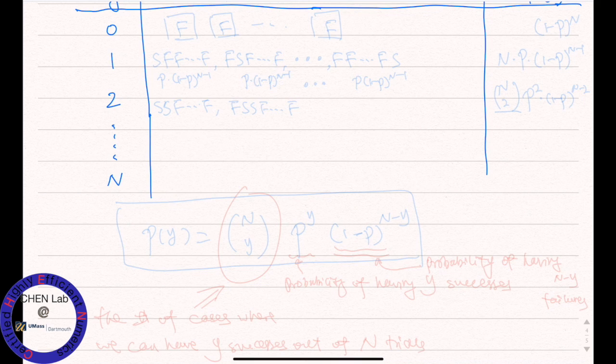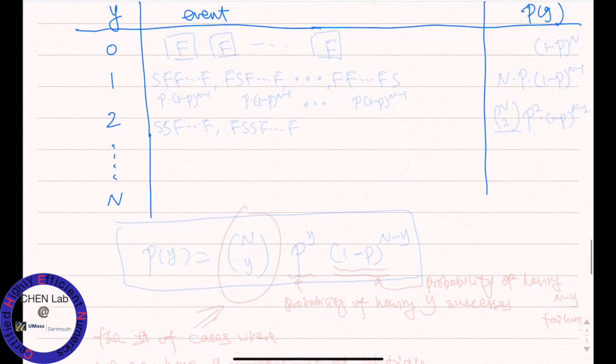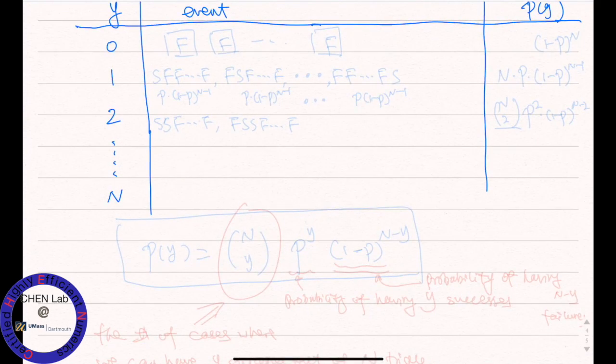So you want y to be 0, which means you want no success. Again, think of this as boxes, as we will talk about in counting. I have n boxes. If I use S to denote success and F to denote failure, here we want the number of S to be 0, which means they're all Fs. So I need to put F everywhere.